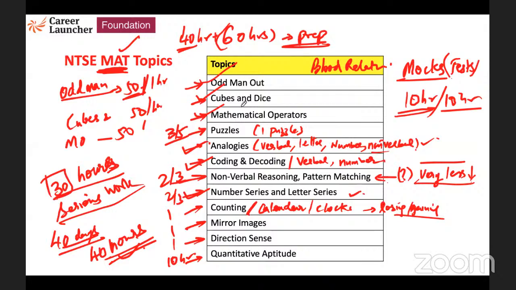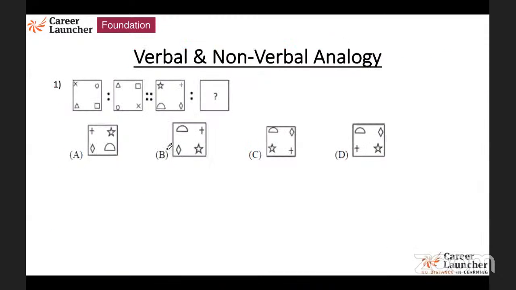Okay, let's look at this without much ado. I think it's the first 10-15 minutes of preamble. As I said, I will solve some of these questions. The first one I'm going to solve is on verbal and non-verbal analogies. They are structured, but not too many questions are structured. I told you I will do very few questions in this kind of pattern matching, but this is a very easy question.